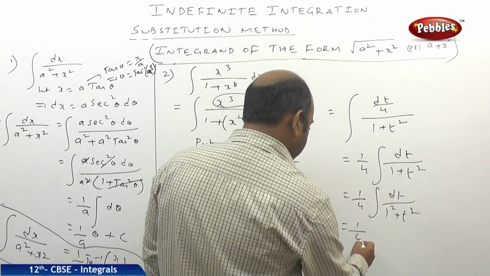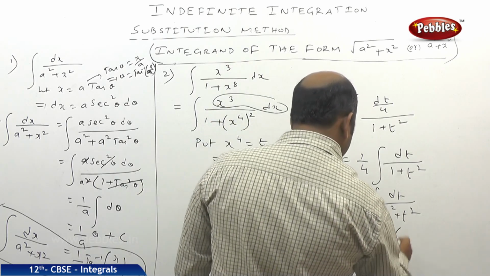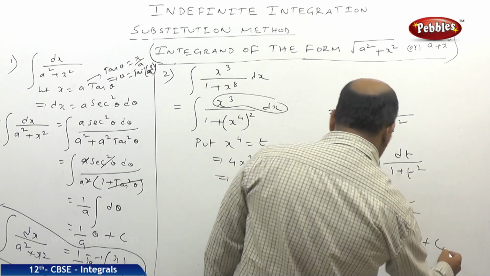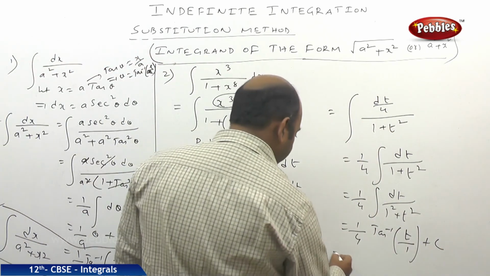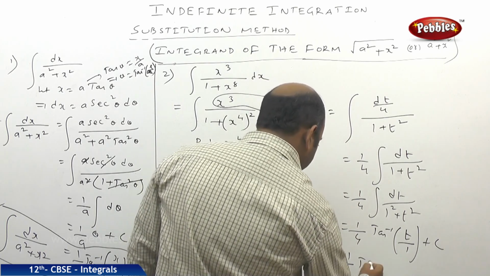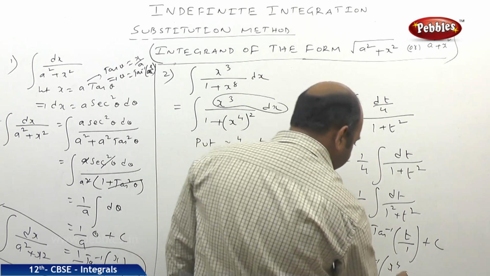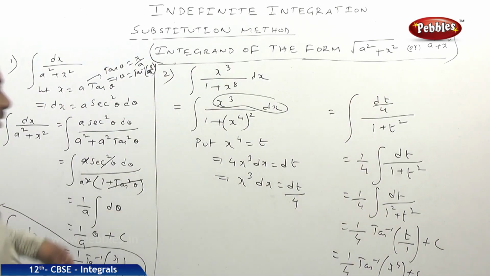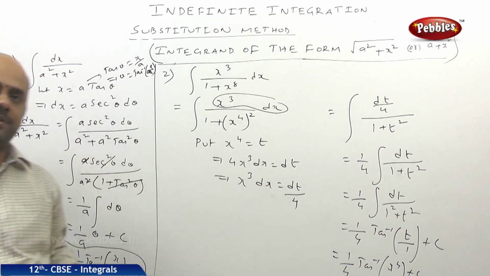So 1 by 4, 1 by a means 1 by 1, tan inverse x by a means here t by 1 plus c. But in place of t I need to substitute x power 4. So 1 by 4 tan inverse x power 4 by 1 means x power 4 only plus c. I think I told this thing, later I will explain its particular application.